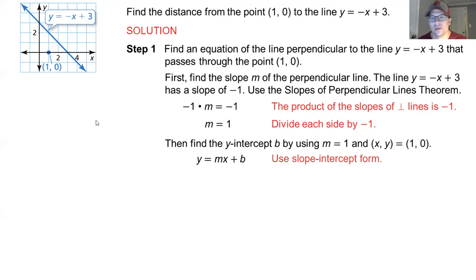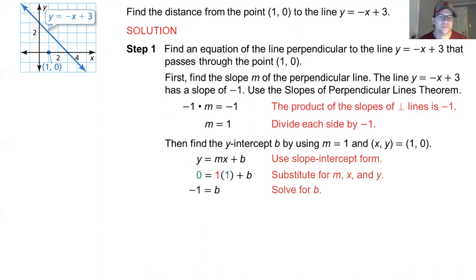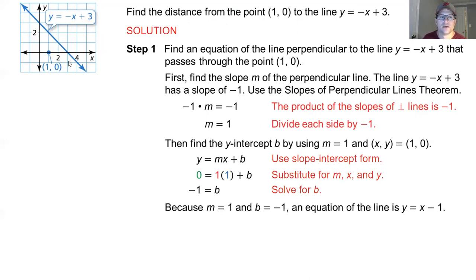So plug those three things in, get 1 and 0 and 1, to get a new y-intercept of -1. So the equation of the line that is going through (1, 0) and perpendicular to this line is y equals x minus 1. Okay, so that's just the equation of the line.